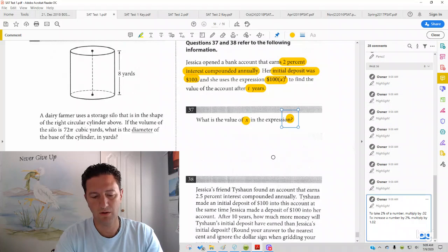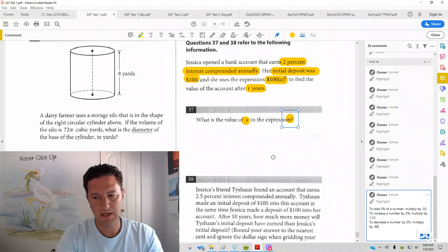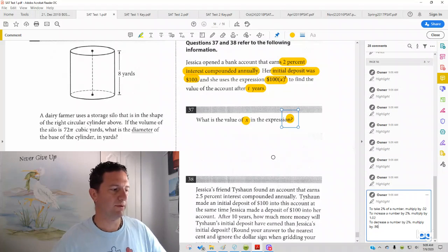You might not know that one. To decrease a number by 2%, multiply by 0.98. And you may not know that one.